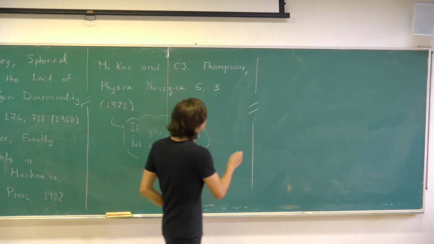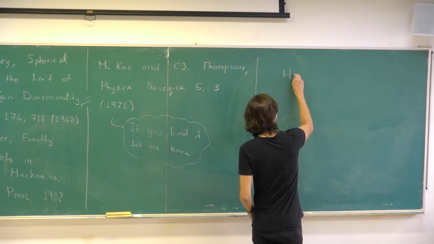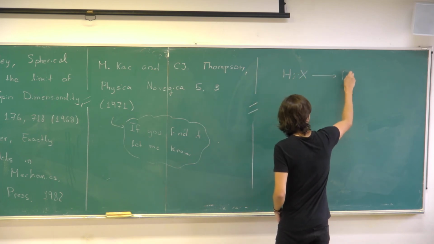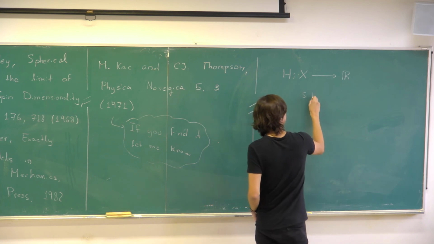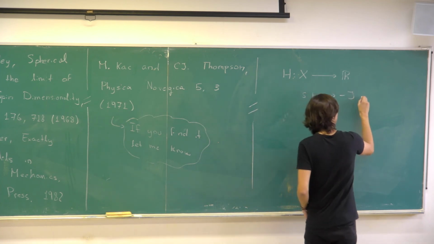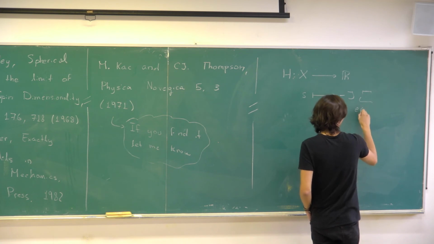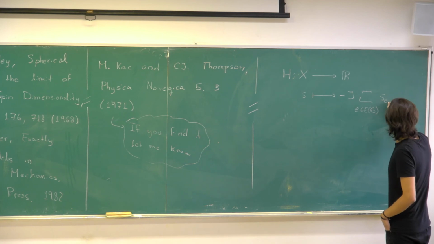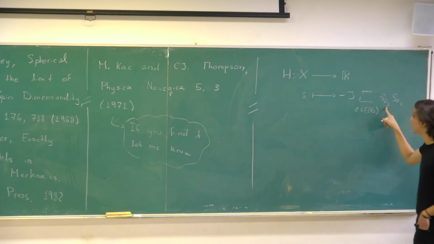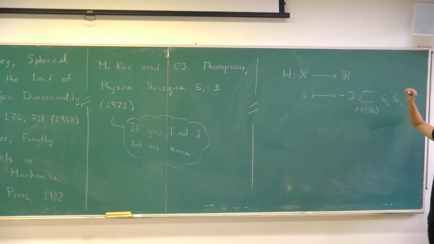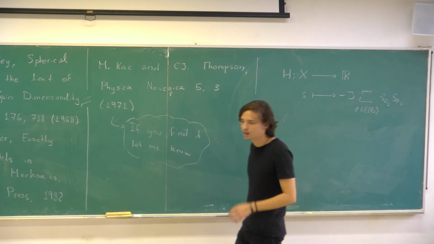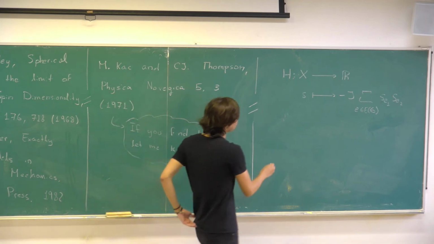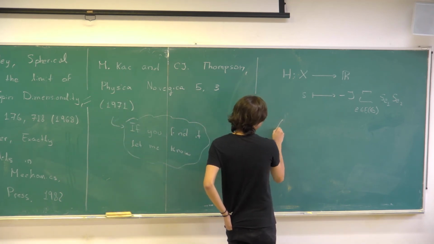So recall that for the Ising model we have a Hamiltonian H from X into R, which takes every configuration of spins and assigns to it an energy minus J times the sum over all edges in some finite graph of S_{e1} times S_{e2}, where e1 and e2 are the vertices of the edge, and this is the spin at vertex e1, and this is the spin at vertex e2. That's the Ising model, and all that we're going to change for the spherical model is what X is.